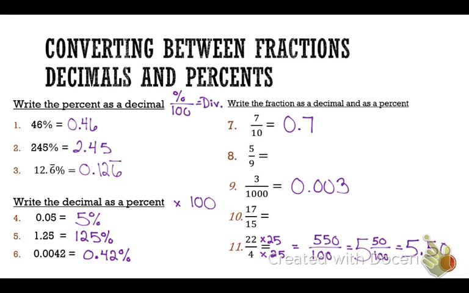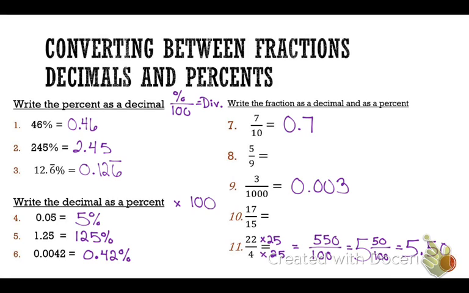You would have to know 1/2 is 0.5. Does that make sense? So it would be better to leave it this way and know that it's 50 going in the hundredths place. All right, 5.5. So now I have my decimal value there.